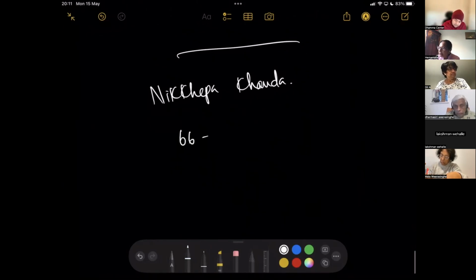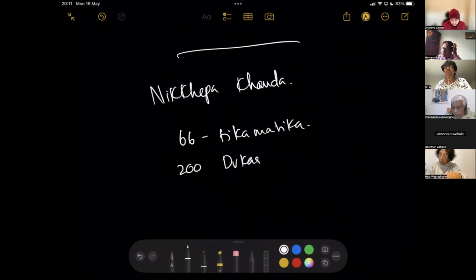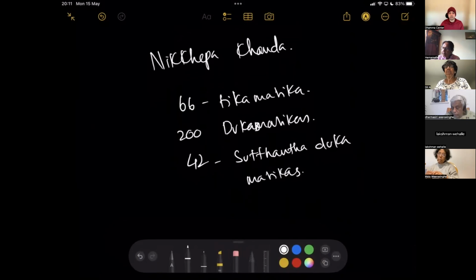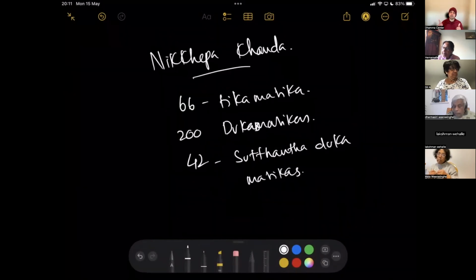Explanations about 66 Tika, 200 Dukkamatikas, 42 Suttanta Matikas. Nikkepa Kanda is where you will find explanations for the 66 Tikamatikas, the 200 Dukkamatikas, and the 42 Suttanta Dukkamatikas.